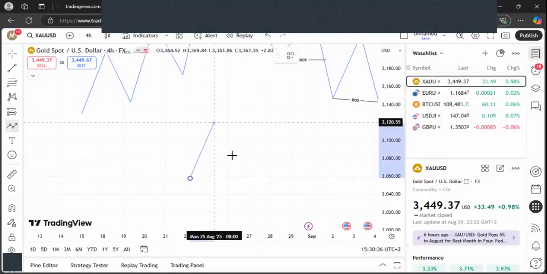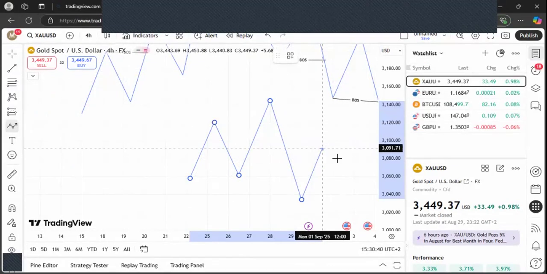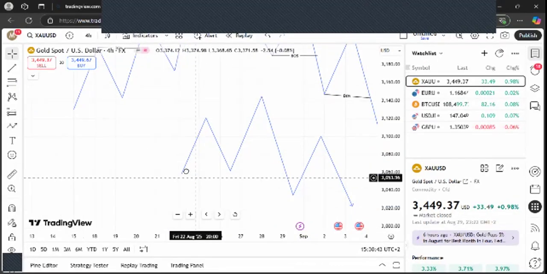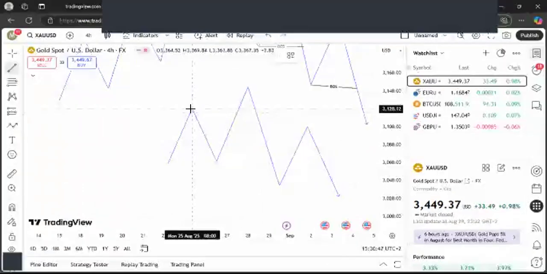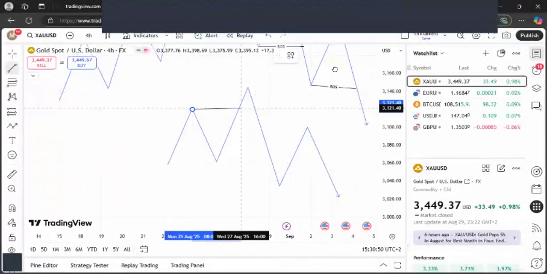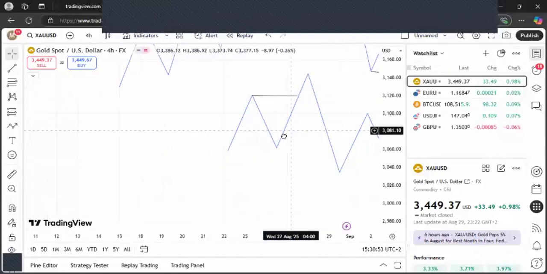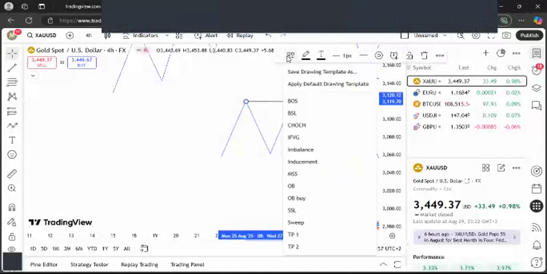And then there are reversal patterns like this. In other words, this was a bullish movement until it broke structure to the downside. Okay.